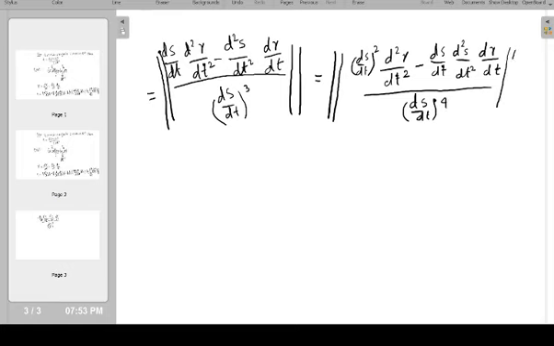What I have done is multiply numerator and denominator by ds by dt.